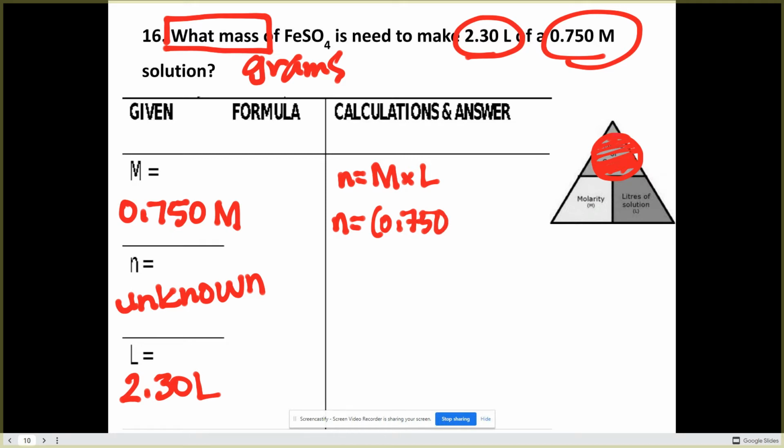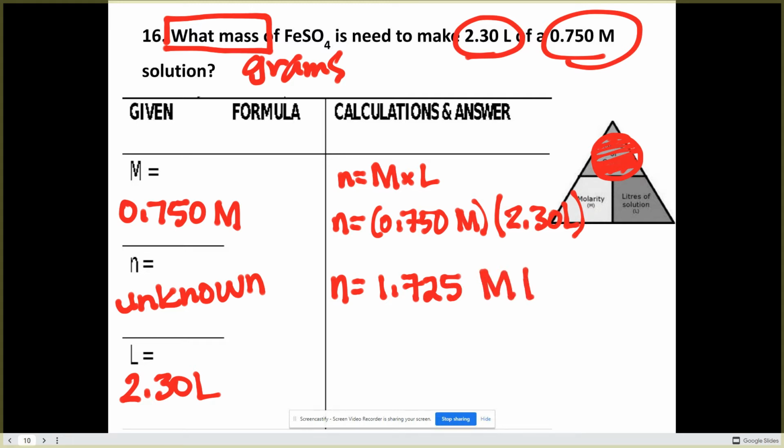So n here is big M, which is molarity, 0.750, and then L is 2.30 L. Let's multiply 0.750 times 2.3, and I get n equals 1.725. What's the unit? M and L don't cancel out, so they're both there. But wait a minute.